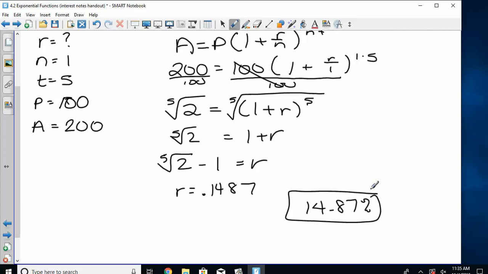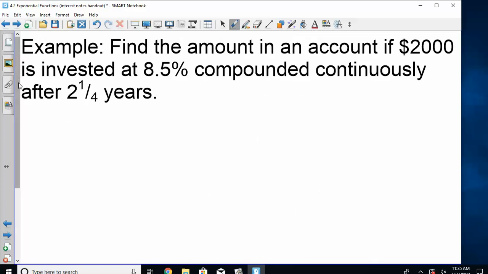Questions? Last case. Find the amount in an account if $2,000 is invested at 8.5% compounded continuously.